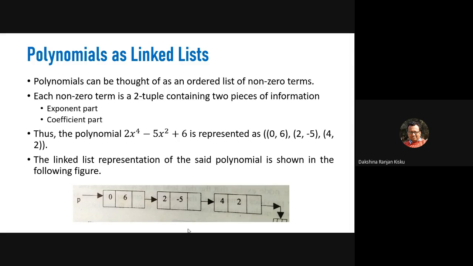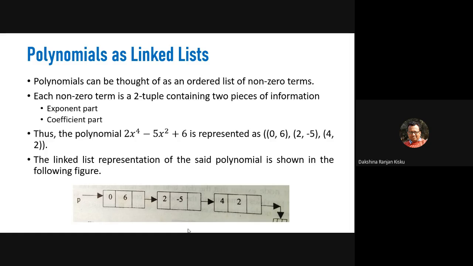So this entire information will be represented by a self-referential structure. So here the linked representation of the polynomial can be shown by this figure. Okay. So here we can see that the first node has two information parts, one for the exponent part 0, another for the coefficient part 6.